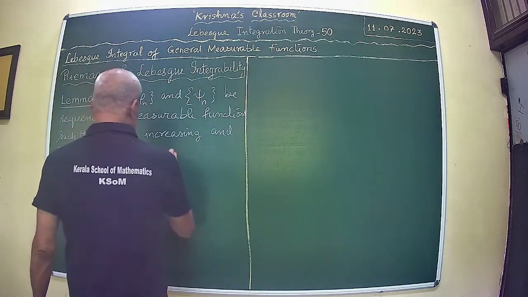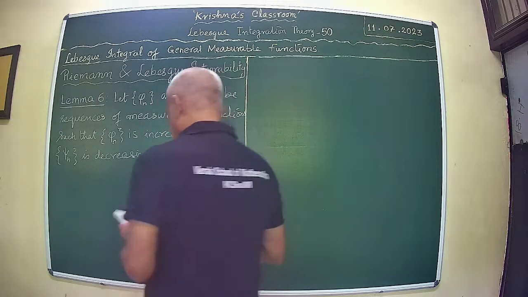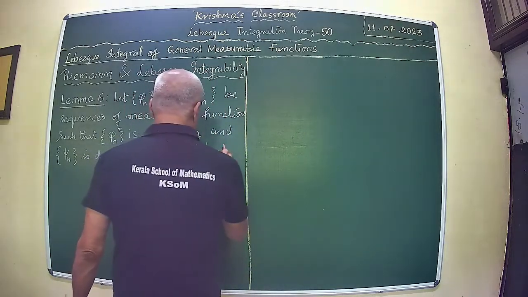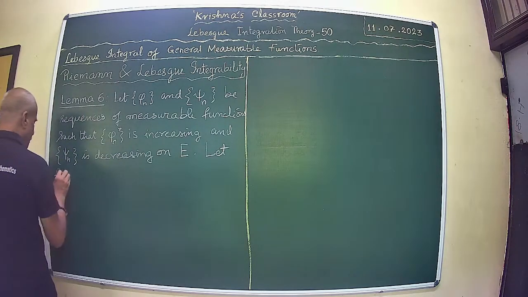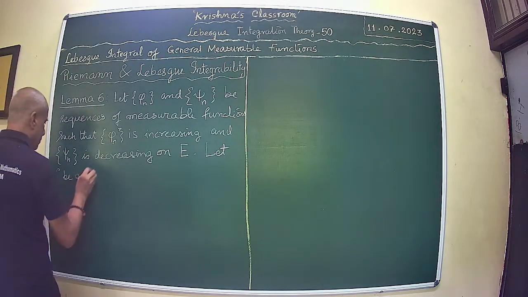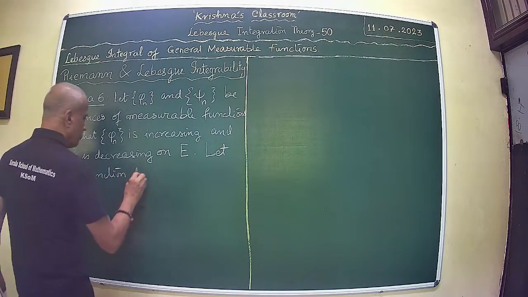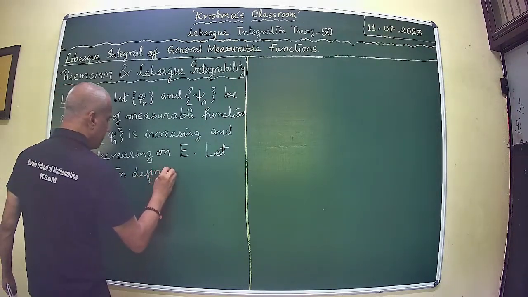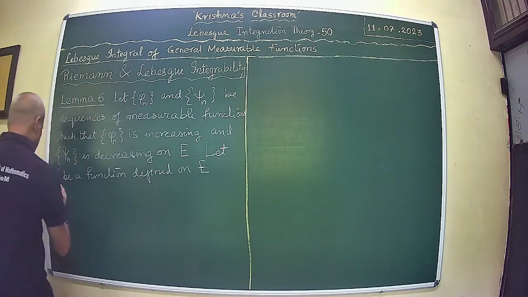On a measurable set E, let f be a function defined on E such that phi n is less than or equal to f, which is less than or equal to psi n.